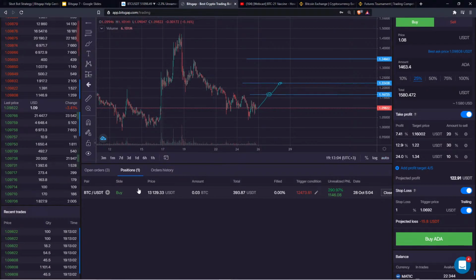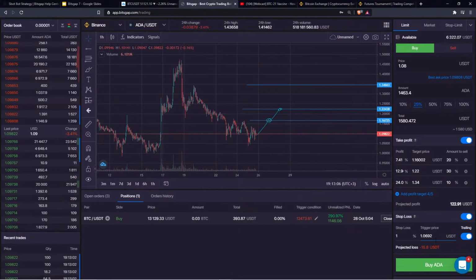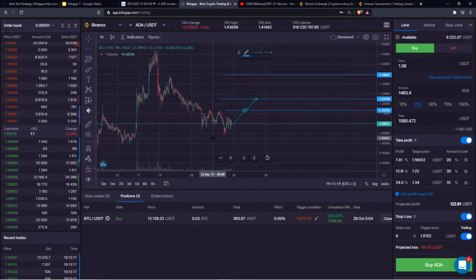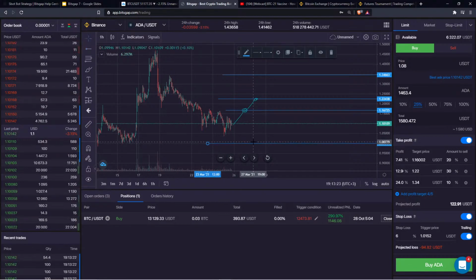So let's actually set it somewhere at 102, like this. The thing about the stop loss is that this limits your total loss. Okay, so that's the price point below which you will not incur any more losses.